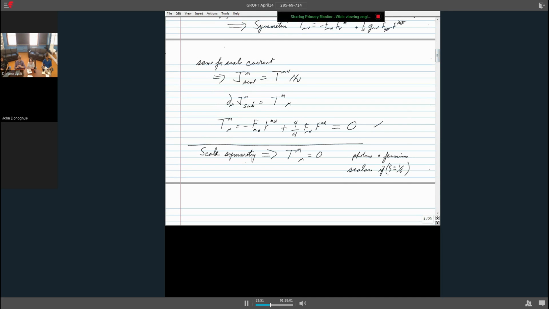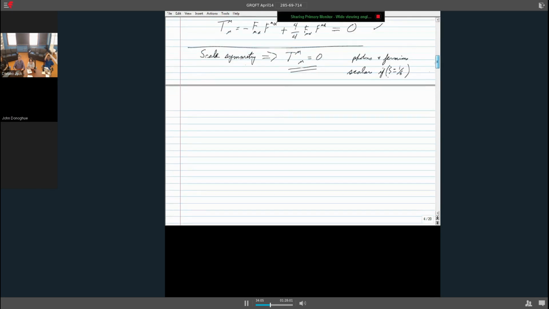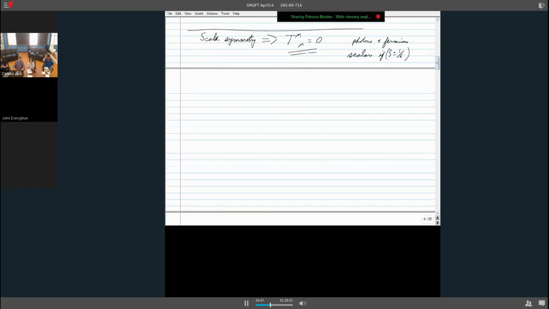And it works for scalars if that conformal coupling was 1/6. Remember I had this improvement where there's this conformal coupling. When that equals 1/6, the scalar is also traceless. Long-winded digression.